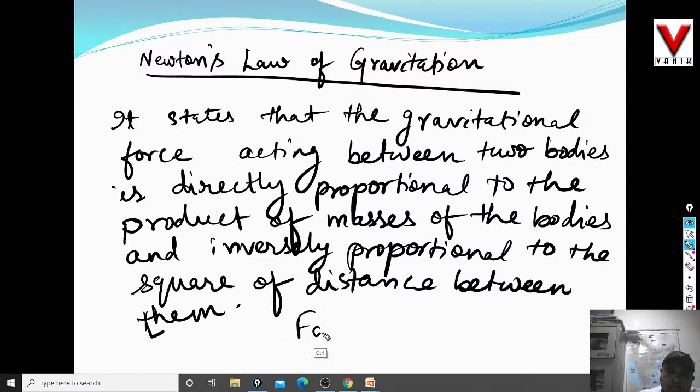So that is how we write Fg, or gravitational force, is equal to capital G m1 m2 by r square.